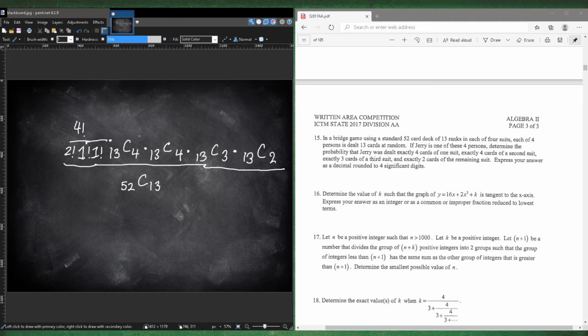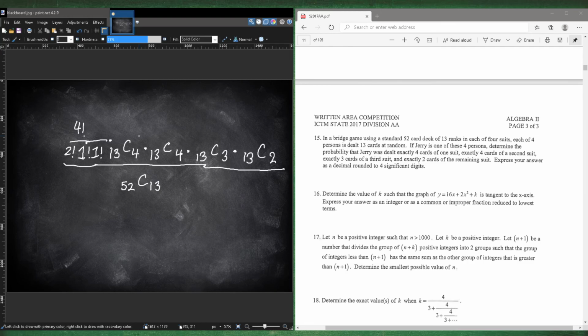These numbers are going to get super big, so I recommend doing this on your calculator. So combinations: 13 choose 4, 13 choose 3, 13 choose 2, and then 52 choose 13. So we have 13 choose 4 times 13 choose 4 times 13 choose 3 times 13 choose 2, and then multiply by 4 factorial over 2 factorial, 1 factorial, 1 factorial.